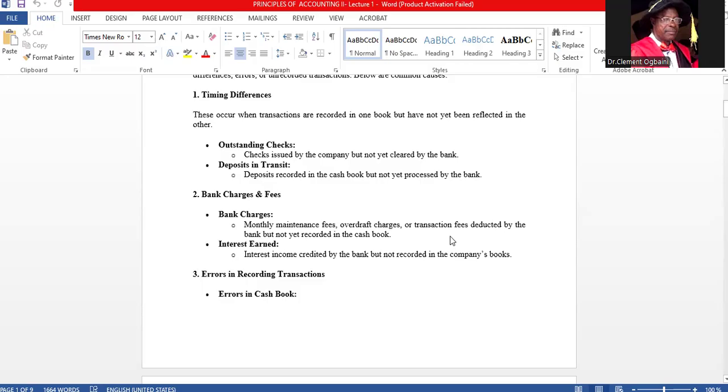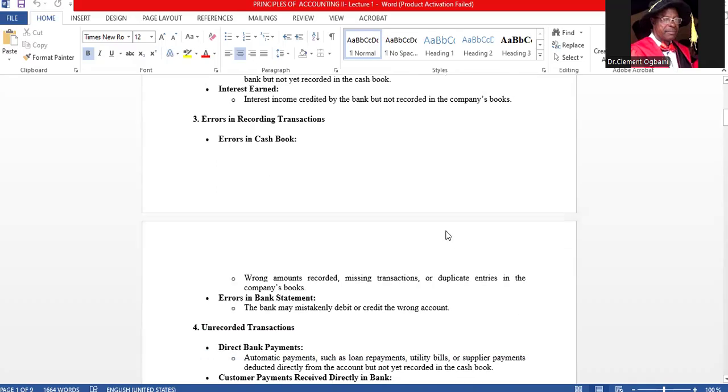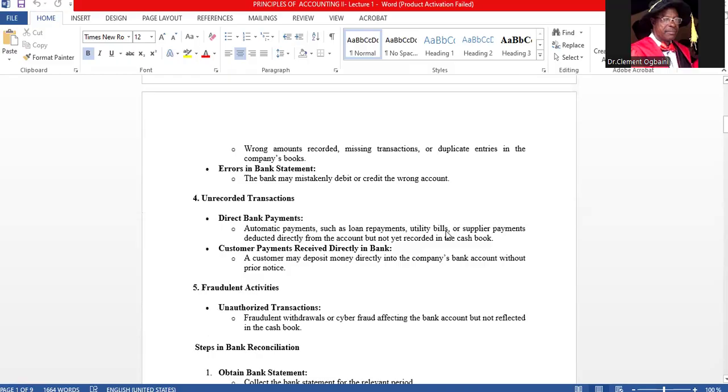Then bank charges could also affect it. We also said that if there's an error in the cash book, there could be an error in your own calculation. Even the bank statement could also have errors. And we also have unrecorded transactions, where you give the bank an instruction to make payment on your behalf. If those payments are made and you are not aware, it can reduce your balance.